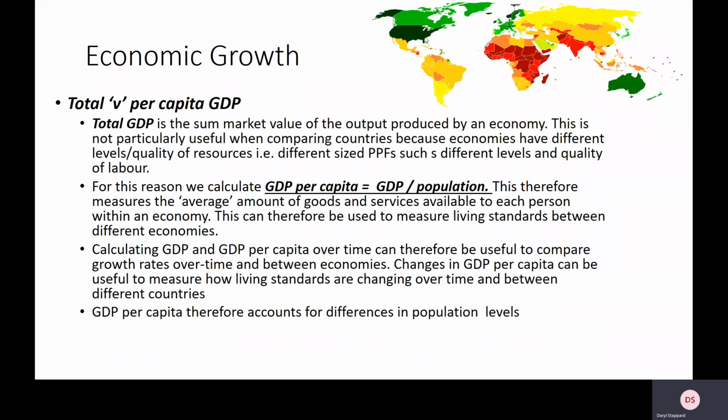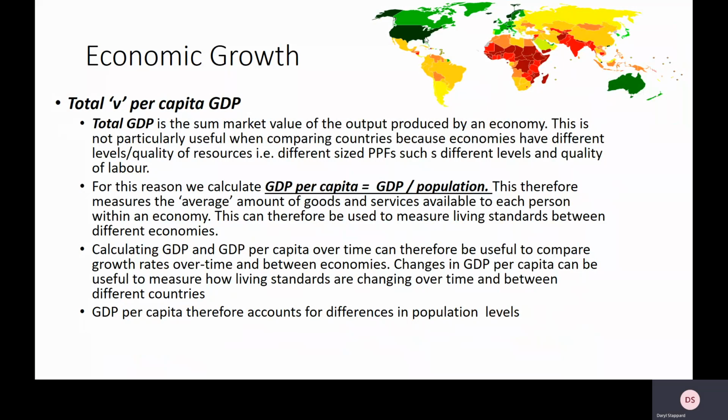Right, next one was total against per capita GDP. Now this is fairly straightforward. Total GDP is simply the value of all the goods and services produced within that economy within a year. Obviously, economies that have got big factor endowment, in other words, big PPFs, will have a much higher GDP than countries that have got smaller production possibility frontiers.